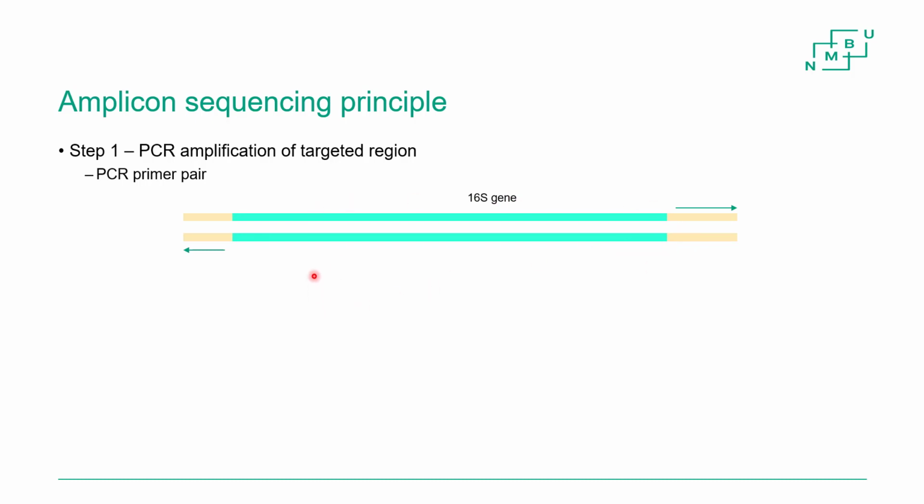Then we design primers, a forward and a reverse primer, which are short pieces of DNA that match exactly these two regions of the 16S. It matches exactly here, and it matches exactly here.